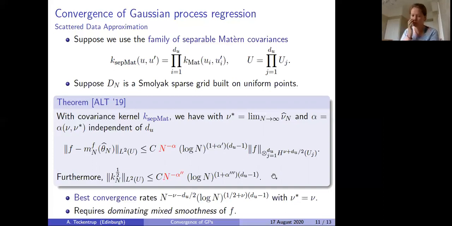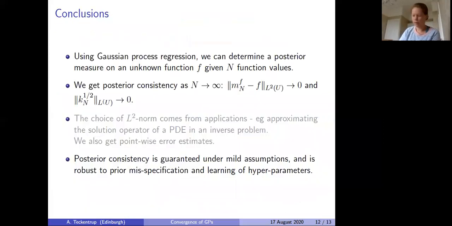Okay, so changing to this setup, you can get much better dimension dependence. All right, so yeah, that was really all I wanted to say. So we use Gaussian process regression to solve this problem of recovering the true function f, given n function values.